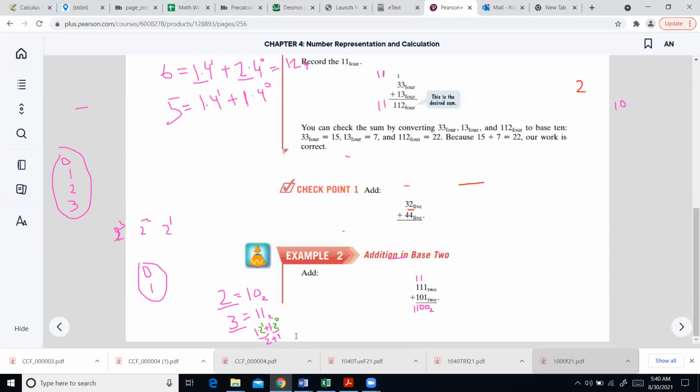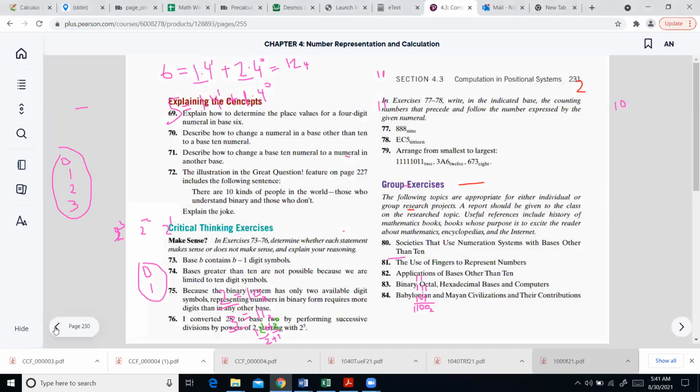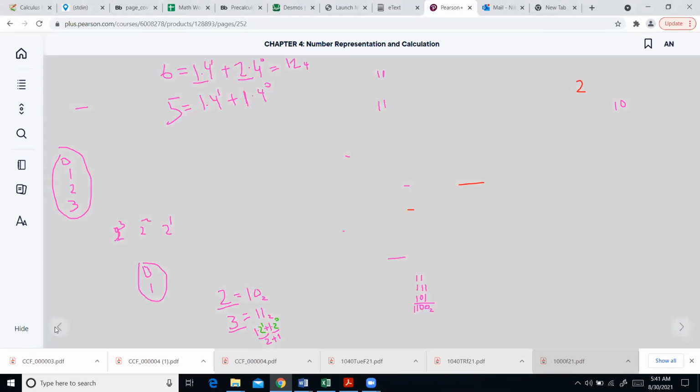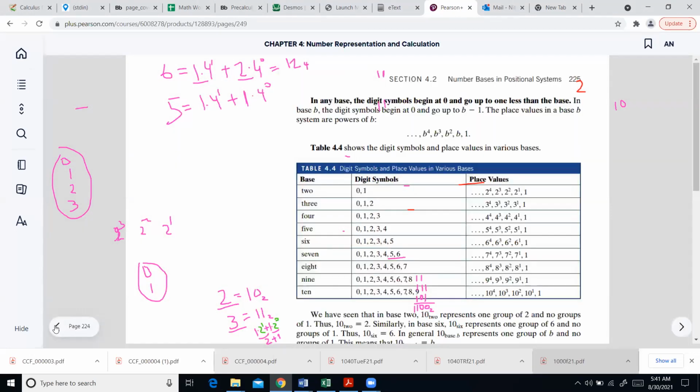So what I actually added was 3 ones in base 2, and then 1, 0, 1. And what I want to do is look at the little table we had in section 4.2, in order not to spend a lot of time converting, but just to double check what type of numbers were given here.